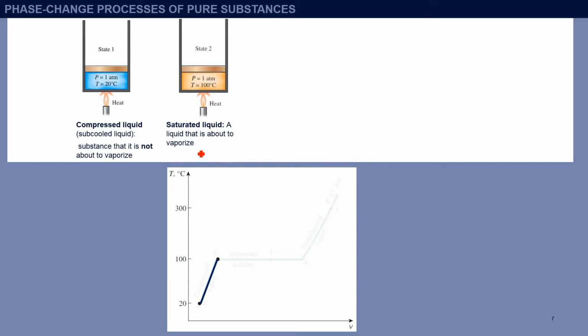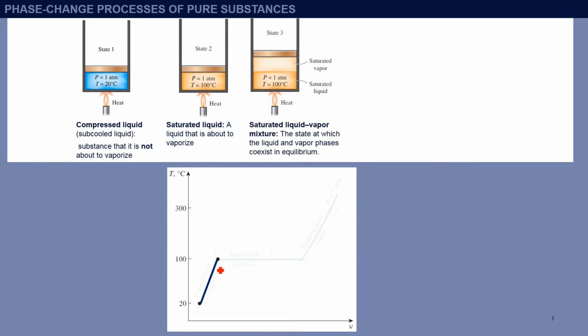So a liquid that is about to vaporize is called saturated liquid. So when water boils, you will see steam or vapor forming in the piston. So this kind of a mixture, saturated liquid and saturated vapor, is called saturated liquid vapor mixture.